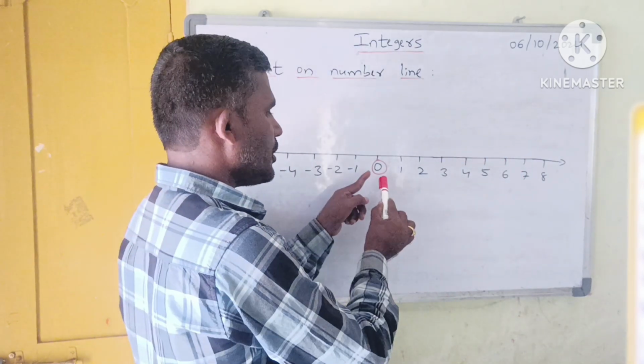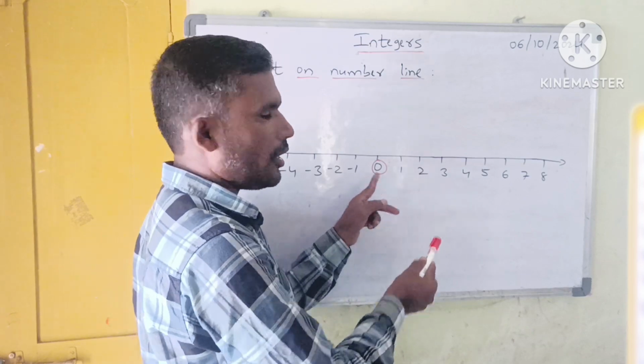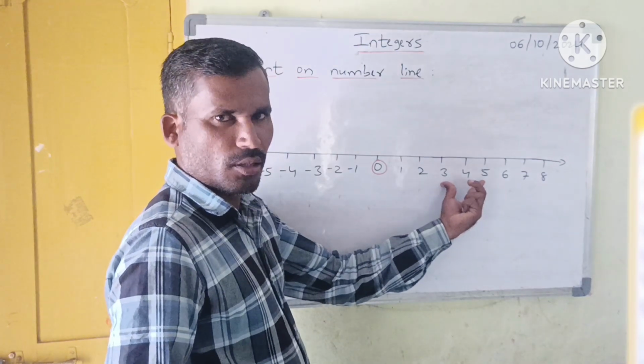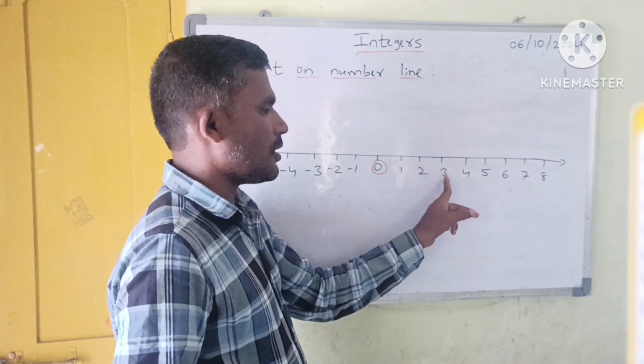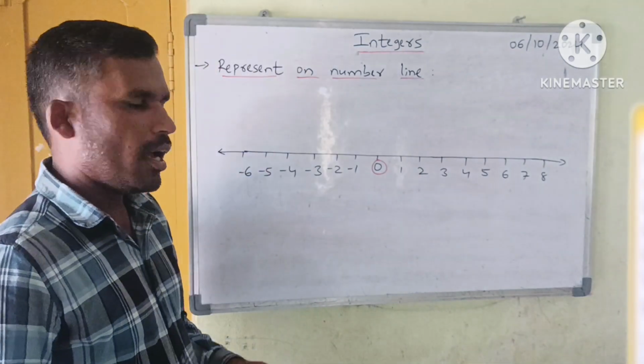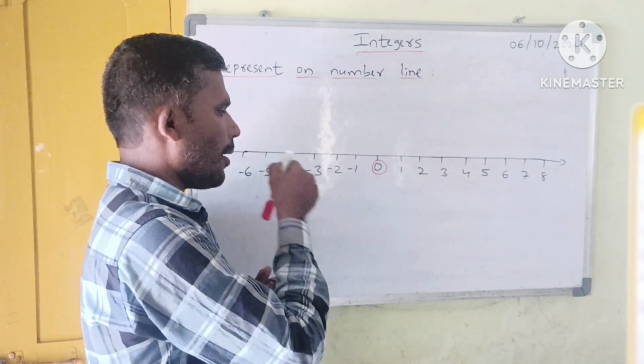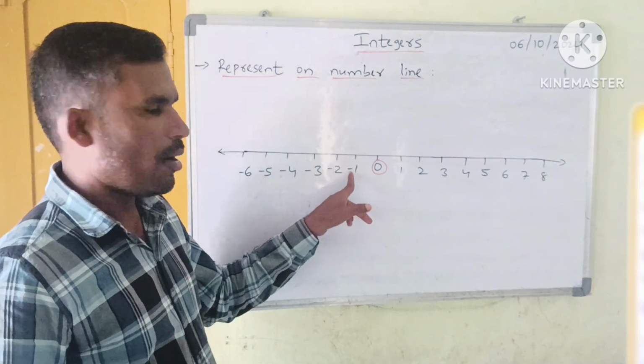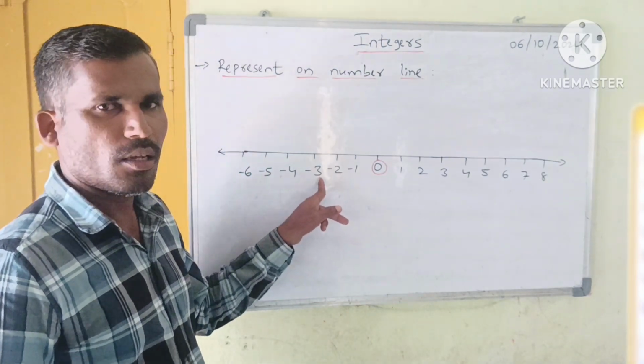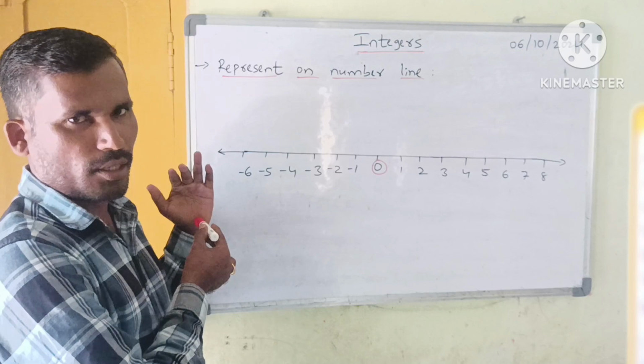Right side to the 0 we have to take only positive numbers, that is +1, +2, +3 and so on. And left side to the origin, I am taking -1, -2, -3, -4 and so on.